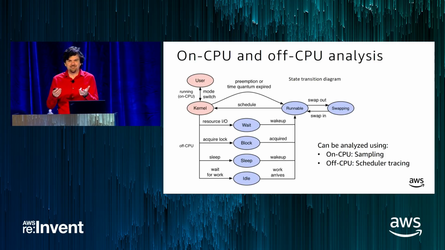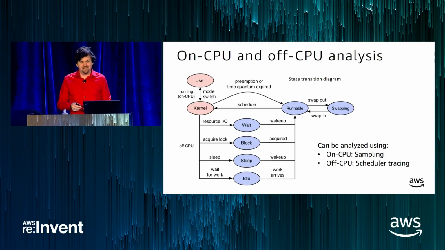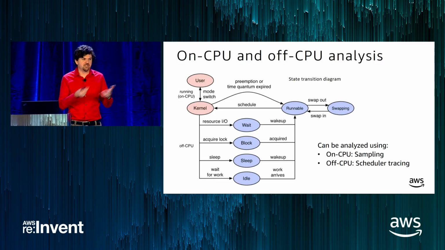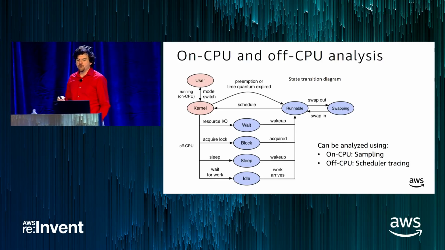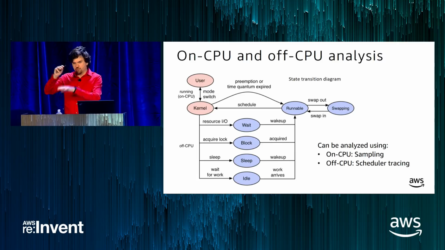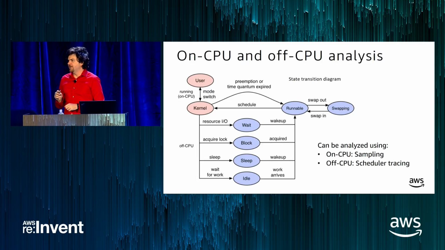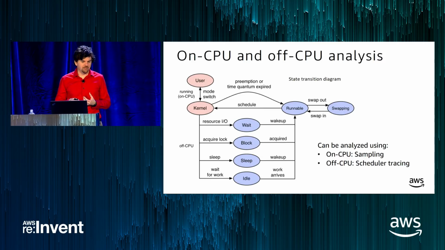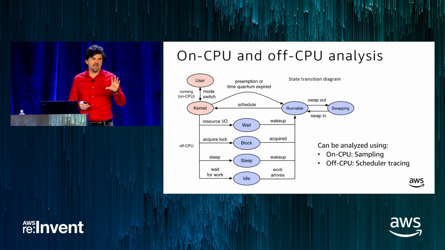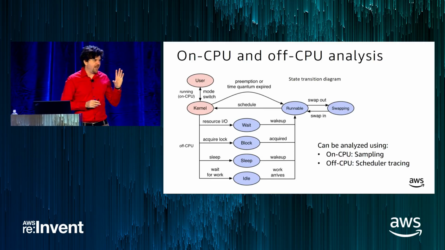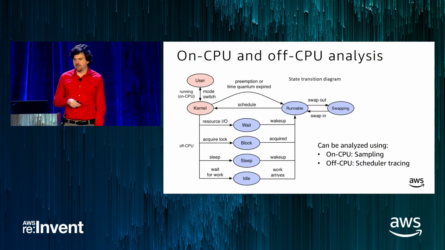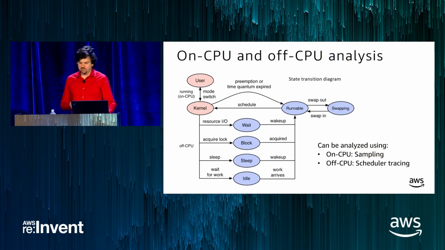Has the application developer added some sleeps in there that shouldn't be in there? Are you waiting for work, which is not a performance issue, it's just idle? And so being able to analyze the reasons why we block is useful as a methodology, because once you know you're not CPU bound, you're thinking, why am I blocking? And then you're using tools to explain why you're blocking and to measure the magnitude of it. I'll mention those tools in a bit.